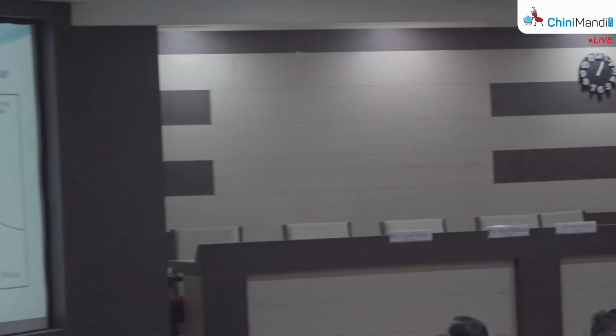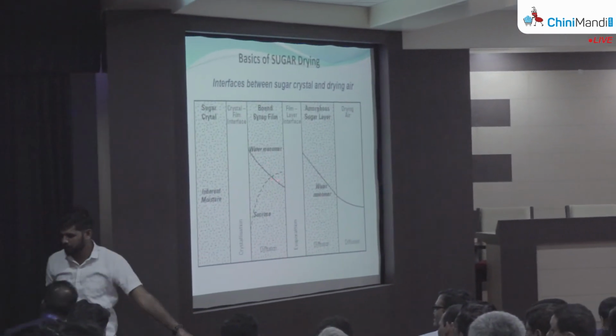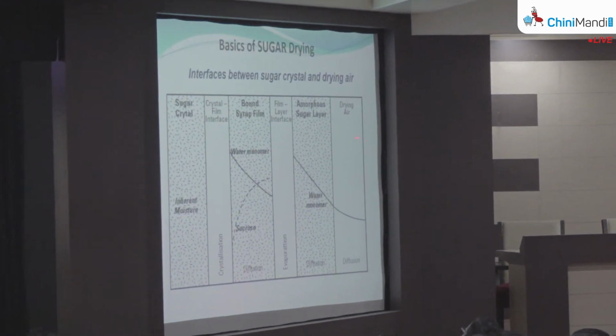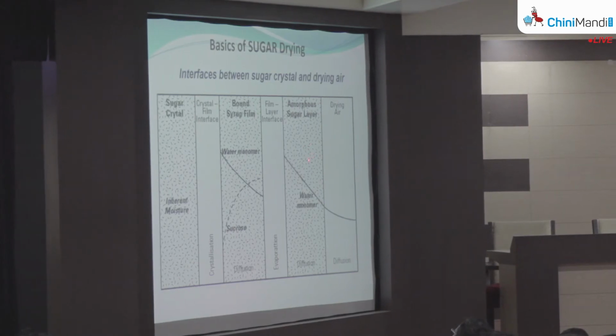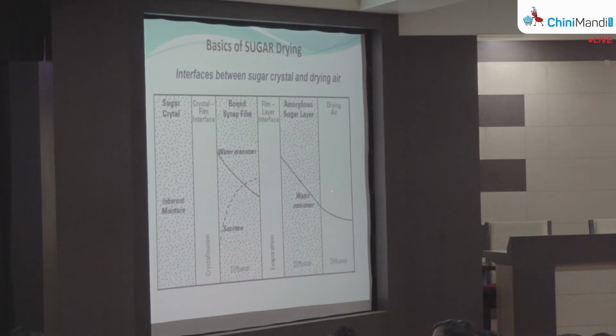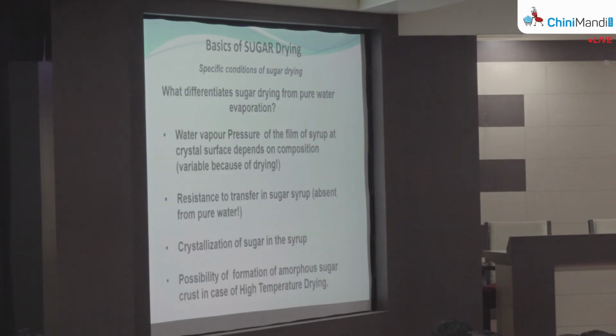Crystal film interface, and this is the film of syrup where water has to be disassociated from sugar and coming as a monomer to be taken by air. But sometimes there is a layer of amorphous sugar, and this layer of amorphous sugar delays tremendously the drying and also creates problems for tasting.